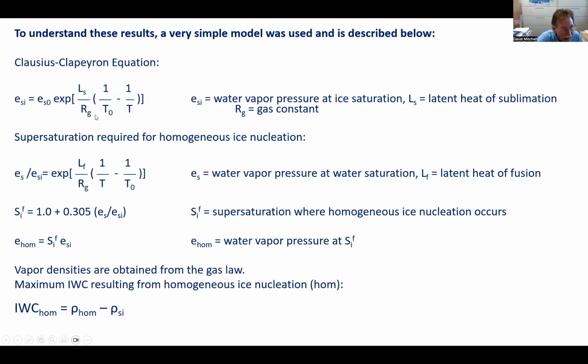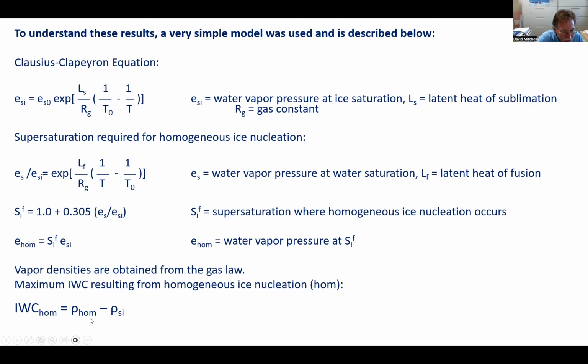So we checked out the Clausius-Clapeyron equation, and we came up with an expression for the ice water content due to homogeneous ice nucleation, shown at the bottom here. And the way we got that is look at the supersaturation where homogeneous ice nucleation occurs, given by this equation, SI, and then look at the saturation where it's just ice saturation.